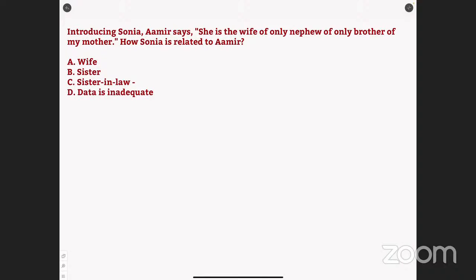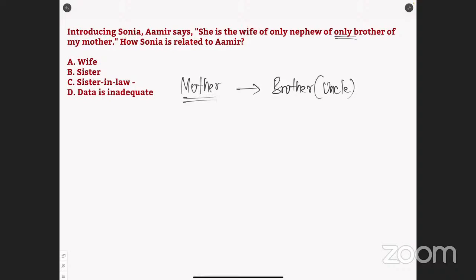Okay, we'll start from the mother. So this is Amir's mother. His mother has only one brother. Mother's brother is also uncle. And she is the wife of the only nephew of the only brother of my mother.